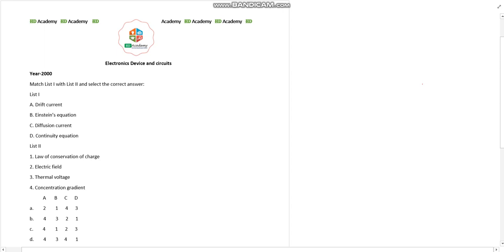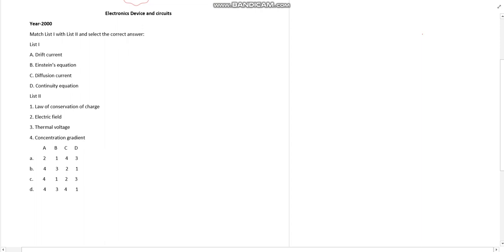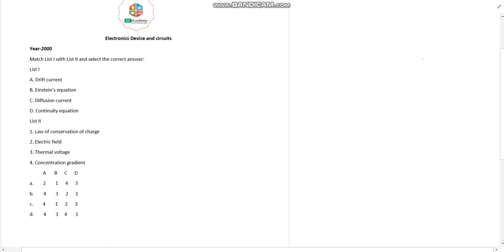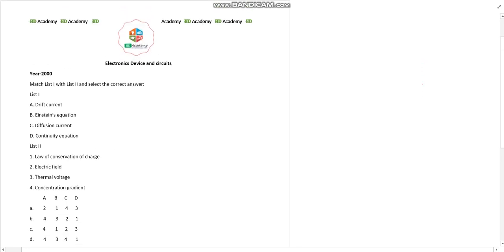List 1 gives drift current, Einstein equation, diffusion current and continuity equation, and list 2 gives law of conservation of charge, electric field, thermal voltage and concentration gradient. So we have to match list 1 and list 2. First, we know that drift current occurs due to an electric field.